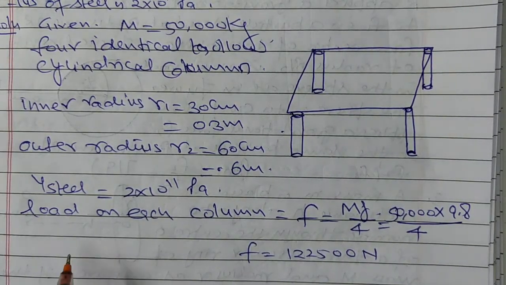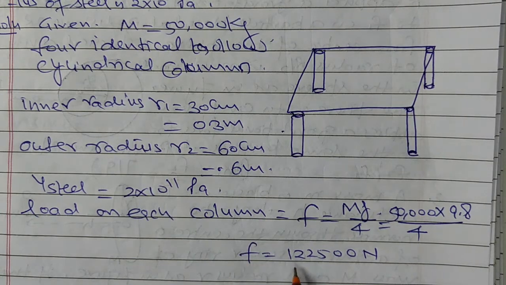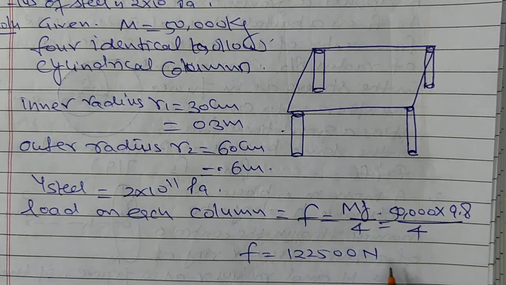This is the total load on each column. F is equal to 122,500 Newton.